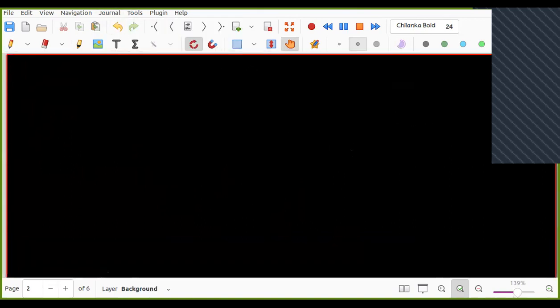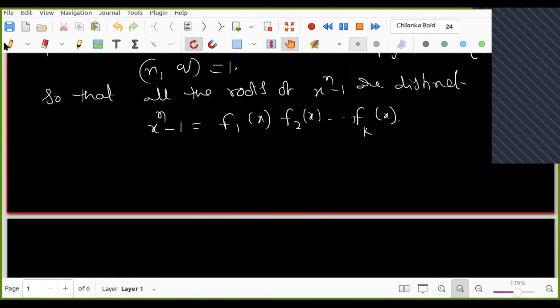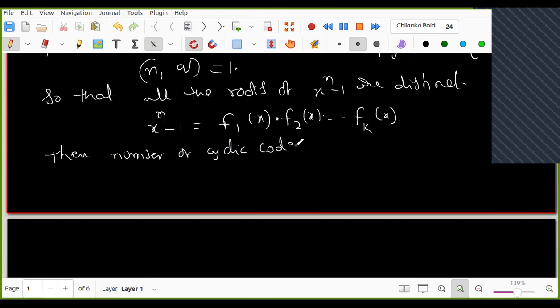Do you recall? Not k, be careful. A generator polynomial is a divisor of x power n minus 1. So I have multiplied these irreducible factors. Then the number of cyclic codes is, yes, the tau function. You remember that.